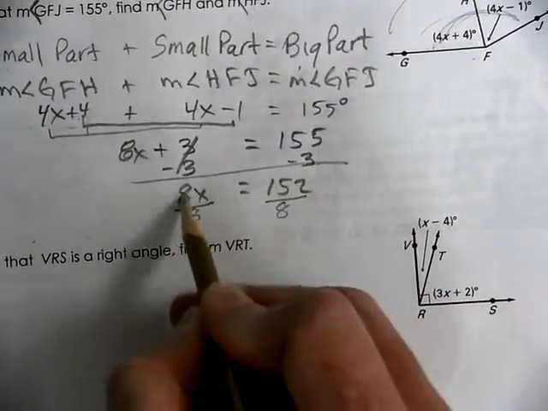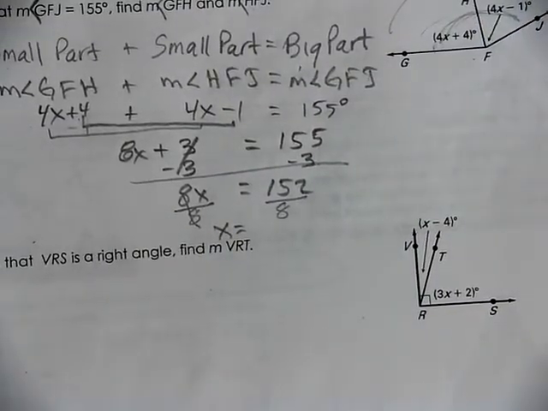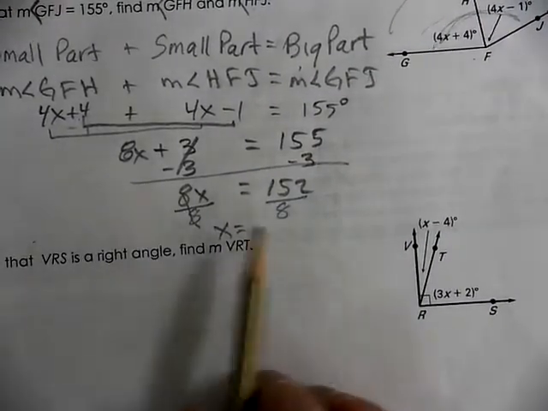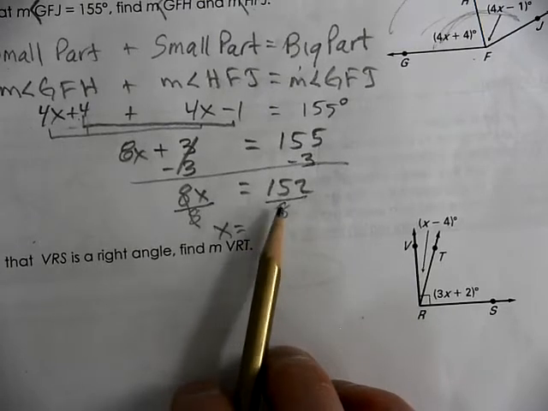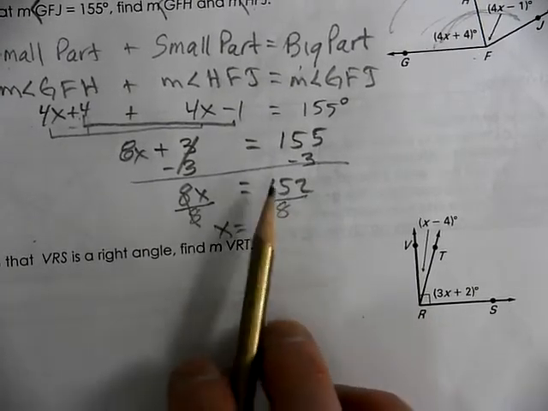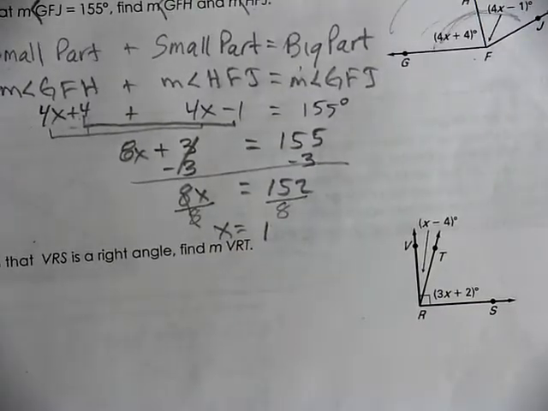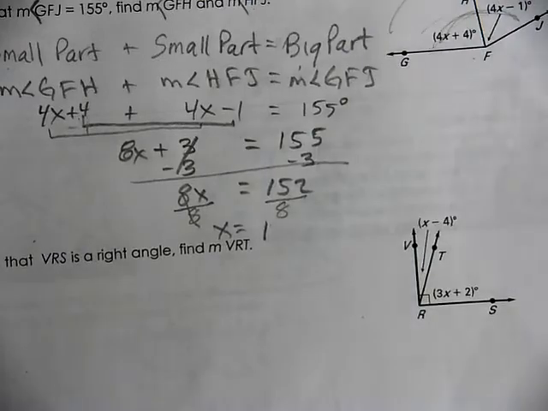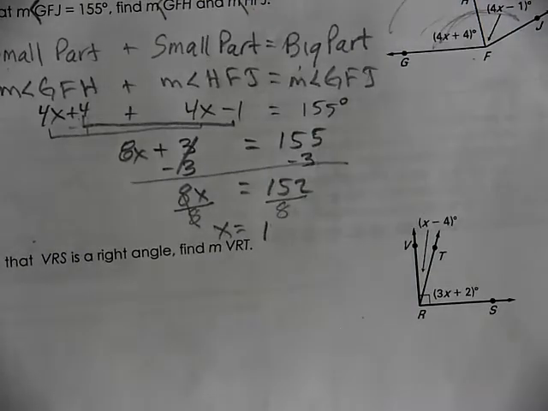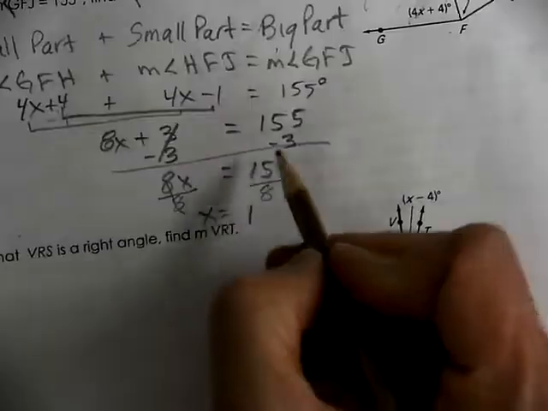Well, I'm not sure how many times 8 goes into 152. But I know how many times 8 goes into 15. 8 goes into 15 one time. How many would be left over? If 8 goes in there one time, which is 8, how many do I have to get up to 15? We have 7 more to go.